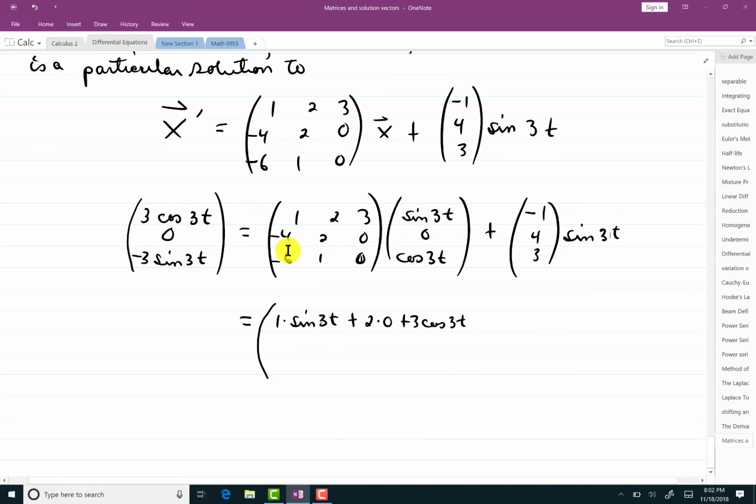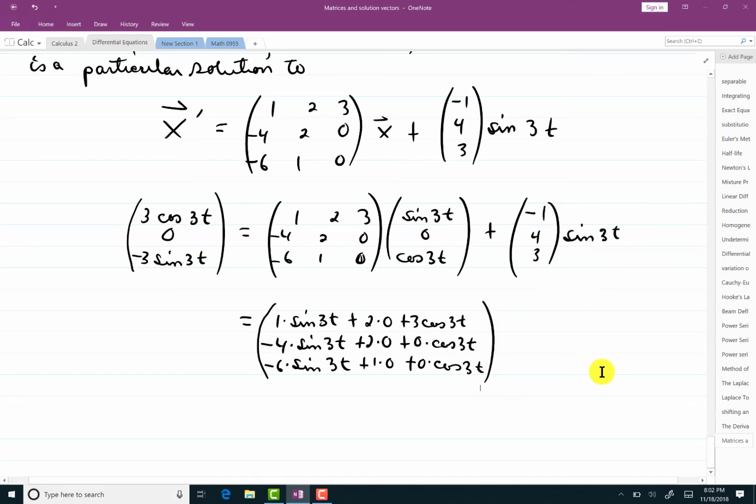Now moving to the next row here, I'll have negative 4 times sine of 3t plus 2 times 0 again, plus 0 times cosine of 3t. And then I'll move on to the last row, negative 6 sine of 3t, 1 times 0, plus 0 times cosine of 3t.